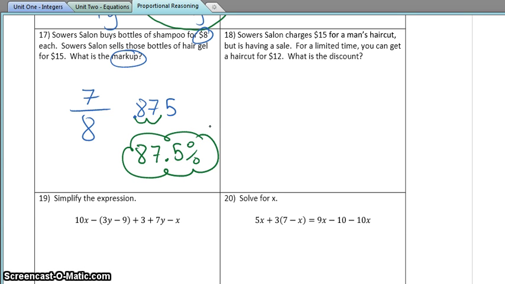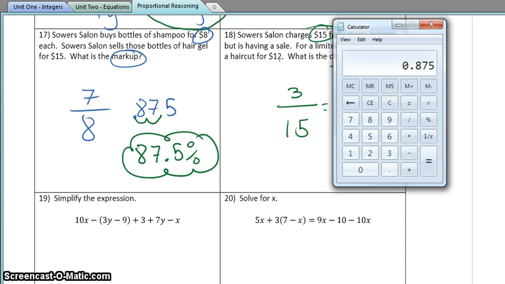Sour Salon charges $15 for a men's haircut, but we're having a sale. So this is going to be a discount. We're going down. So what's the change? What's our discount? That would be $3. 15 minus 12 is 3. What was the original price of the haircut? $15. Again, you might already know this, but why not check? 0.2.